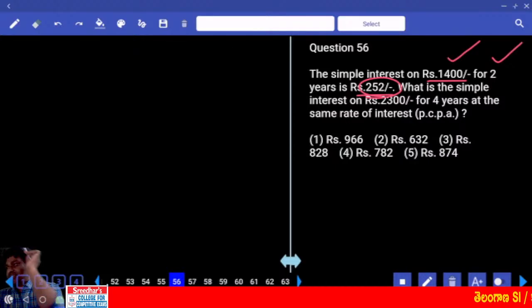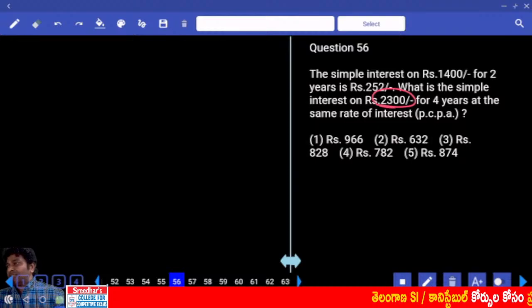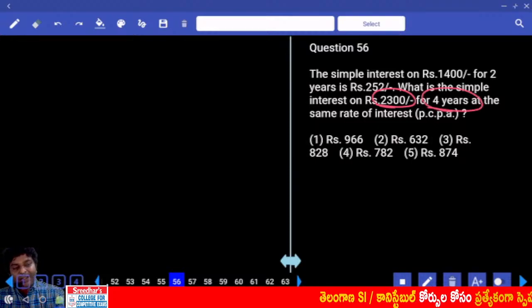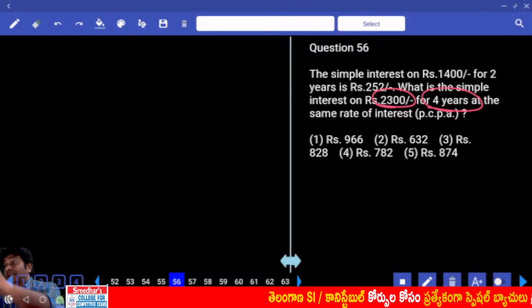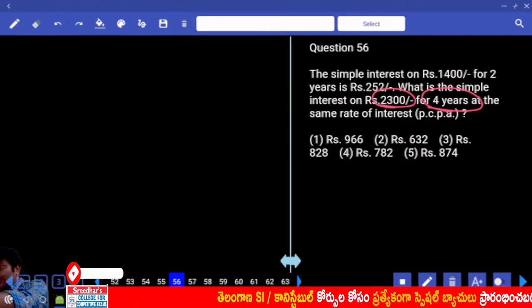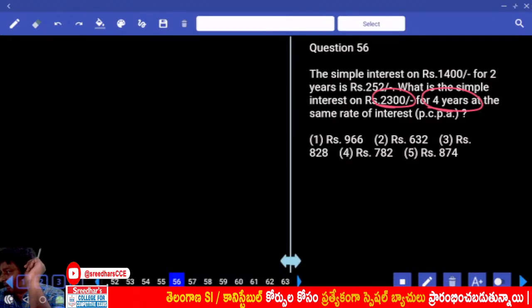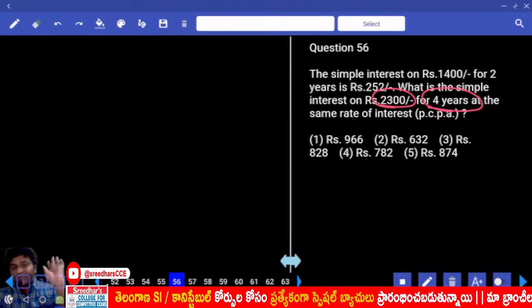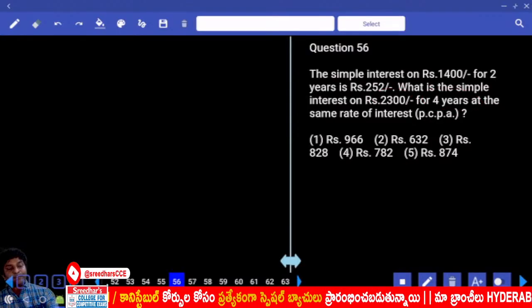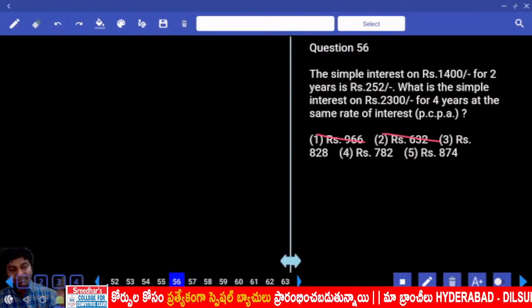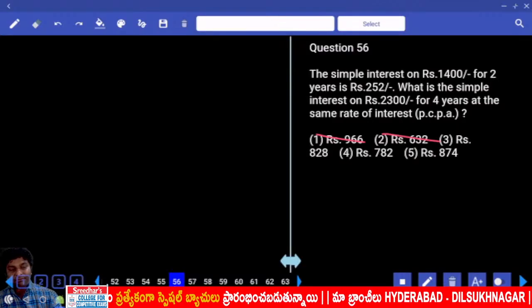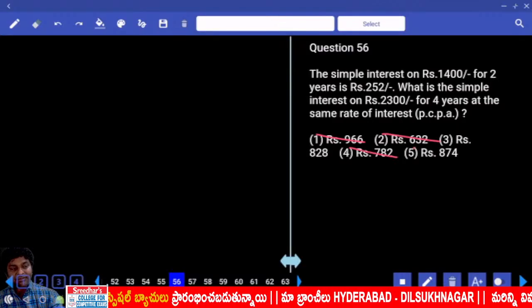When the rate of interest is a 9 multiple, your new principal may be any number and time period may be anything. But your simple interest finally is going to be a 9 multiple. Agreed? That is what I am verifying. Can it be first option? Second? Third? Maybe 4th, 5th.